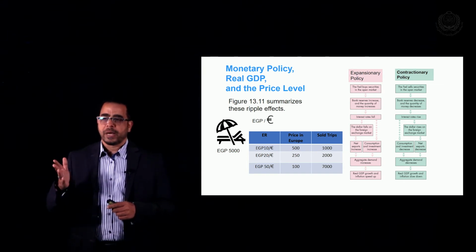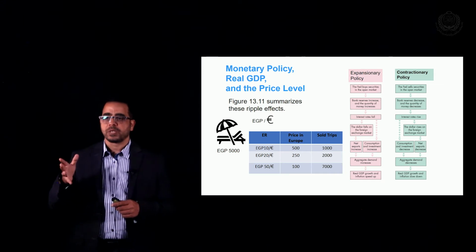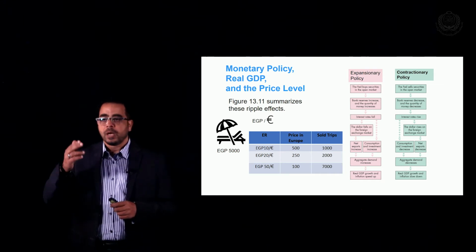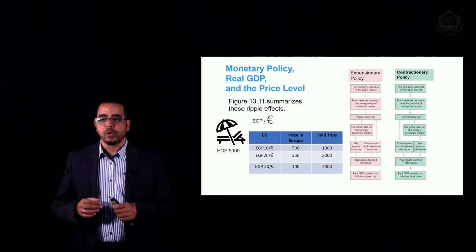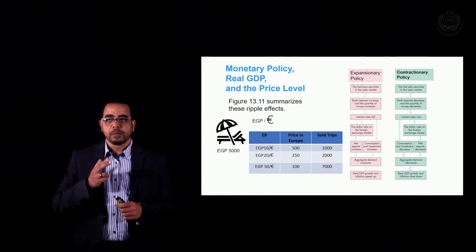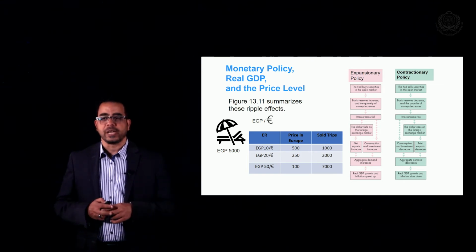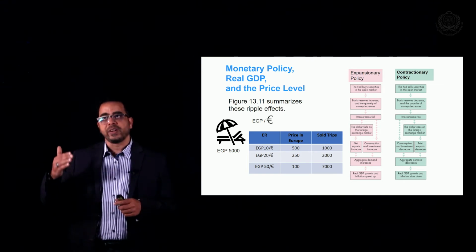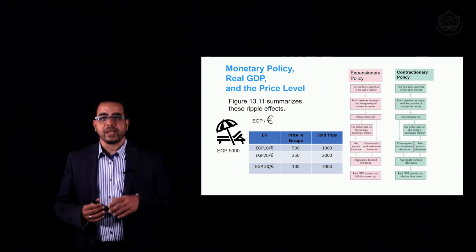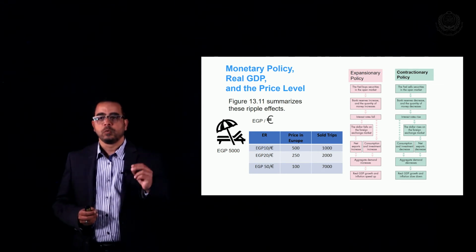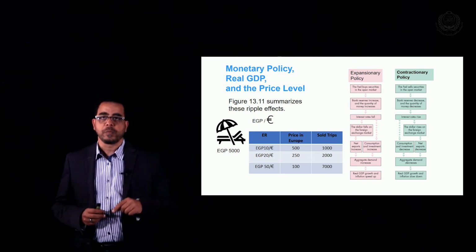Here we're talking about a trip to Sharm el-Sheikh that will cost 5,000 Egyptian pounds. If the exchange rate for the Egyptian pound is 10 pounds per euro, this trip will be 500 euros and 1,000 people will be interested to take it. If the Egyptian pound value goes down to 20 pounds per euro, this means that the price of the same trip will be 250 euros and 2,000 people are now interested.